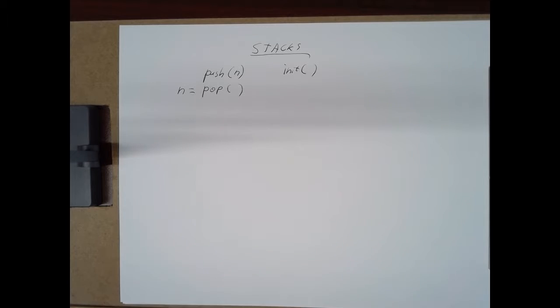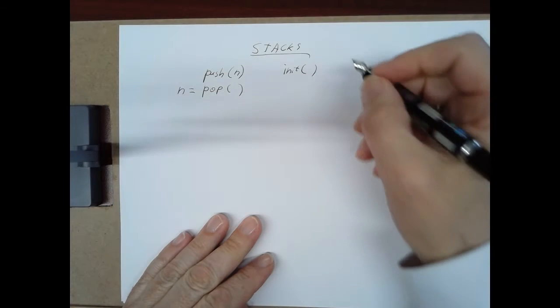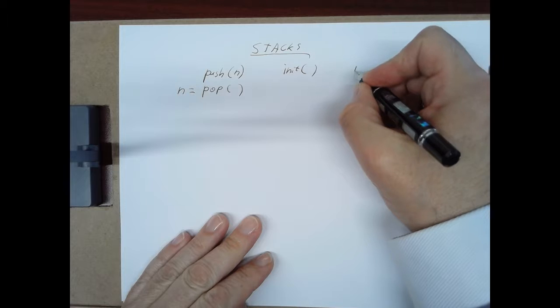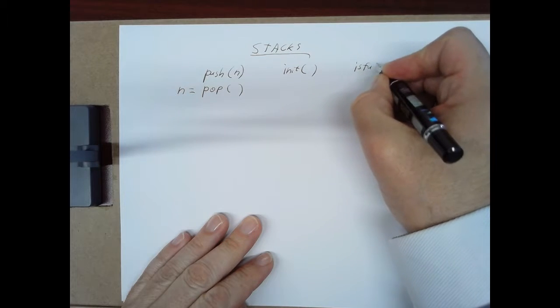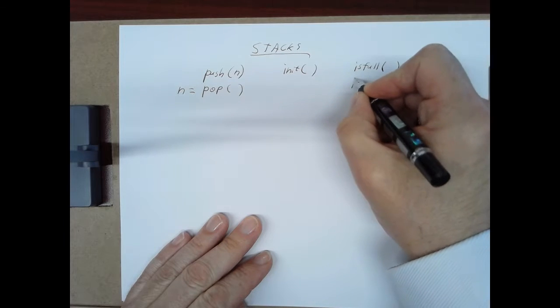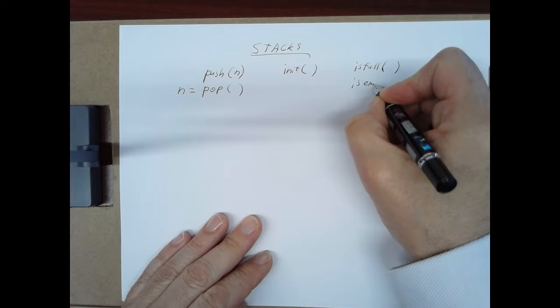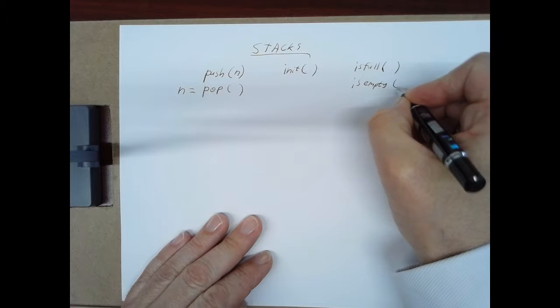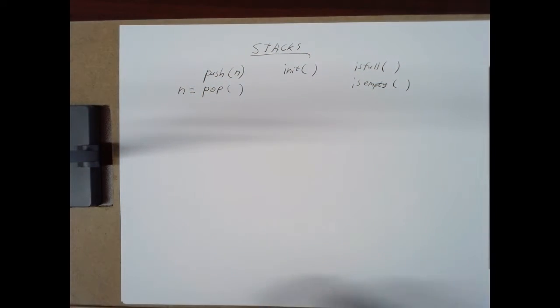And there's two conditions we'd like to know when they occur. One is if the stack is full, and the other is if the stack is empty. So is full will tell us if the stack is completely filled up, meaning that if the stack's full and we try to push one more thing, we'll get an overflow.